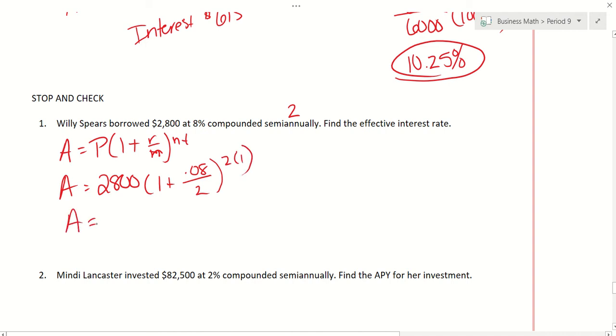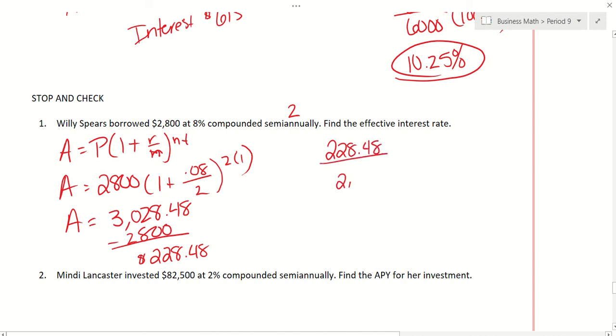So how much is this loan going to be? $3,028.48. If I subtract the original loan, that gives me the interest of $228.48. Then I take the interest over the original loan and times it by 100 to get my percent, and you should have gotten 8.16%.